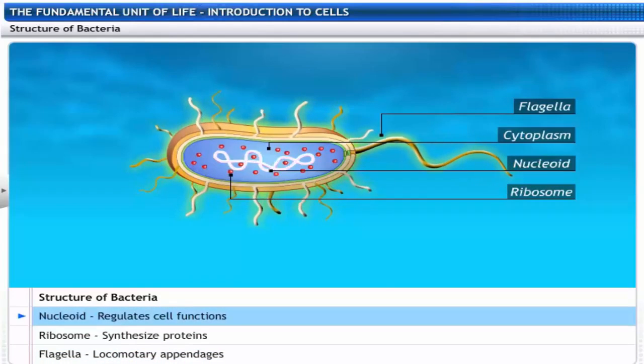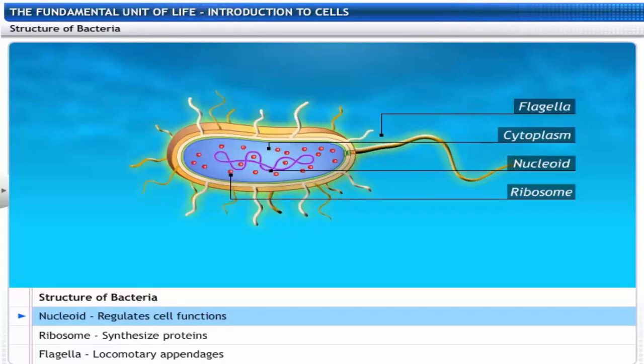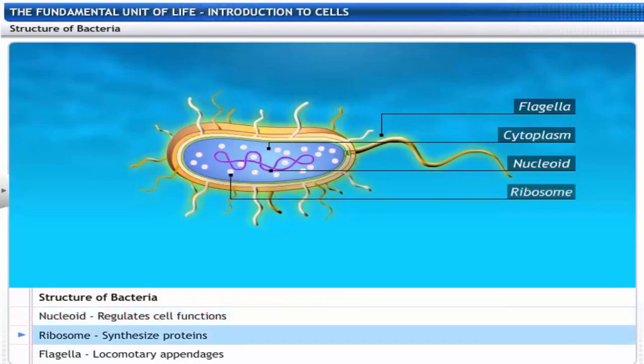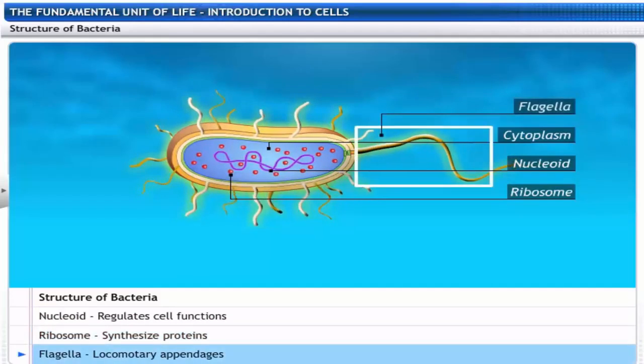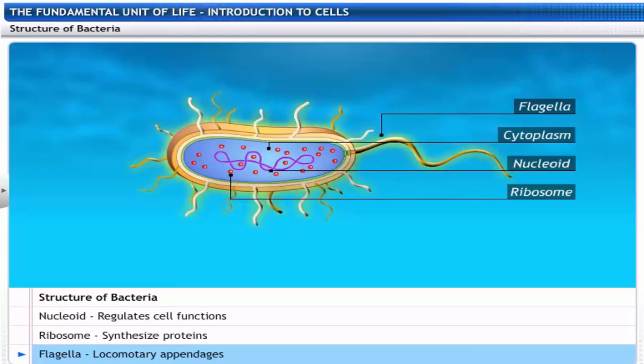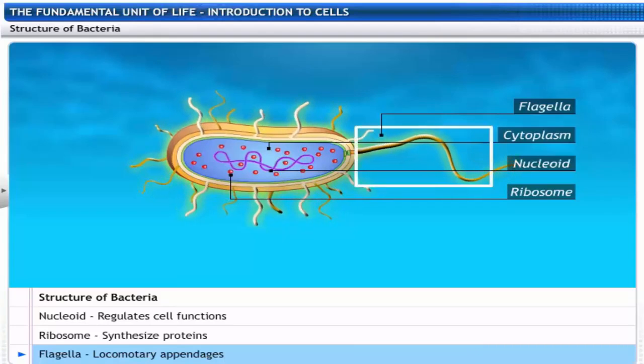The nucleoid is a single large circular DNA molecule confined to the central region. It regulates all the functions of the cell. Ribosome transfers the genetic message into proteins. Flagella are appendages responsible for motility.